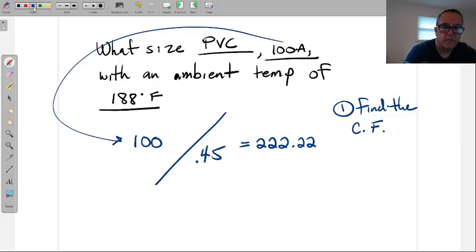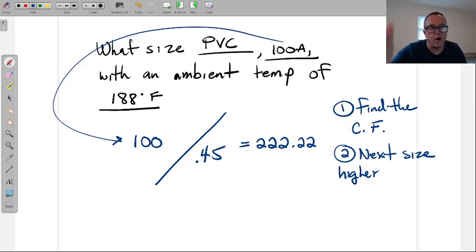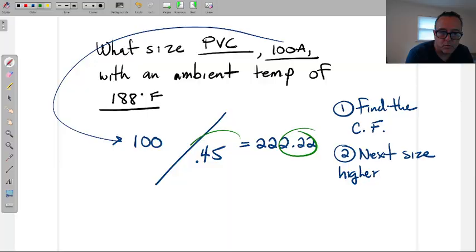Now, all you have to remember is next size higher. This never happens, but I always say it, unless you land on a wire number. It's never going to happen because we have decimals.